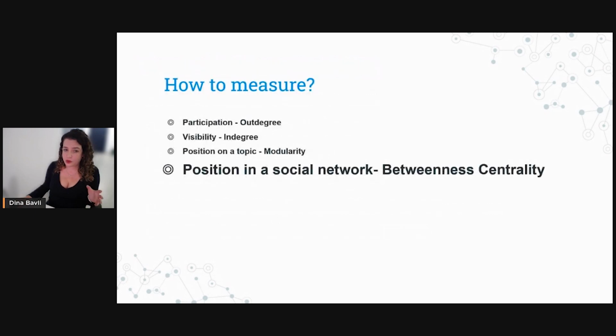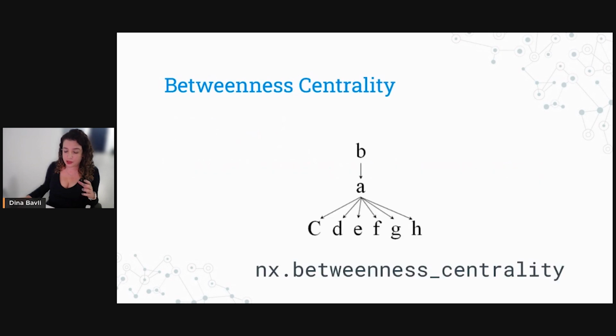So this was a position on a topic, but then we have a position on a network. We're talking about betweenness centrality. We're talking about the link between two groups of information. The information hub, the one that is accountable for the diffusion of information from one side to another.